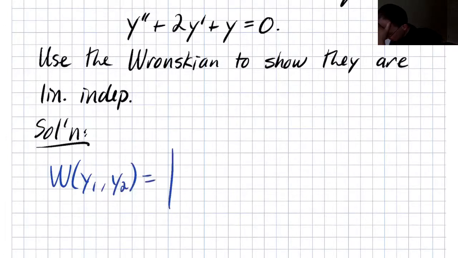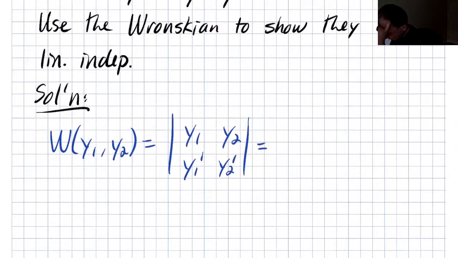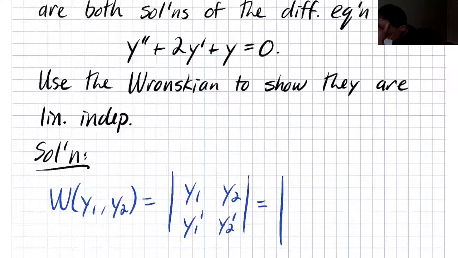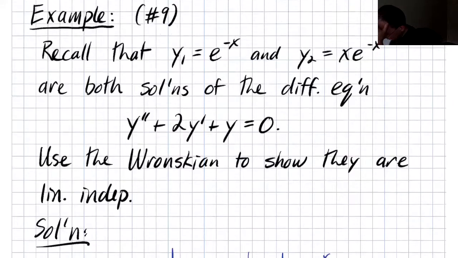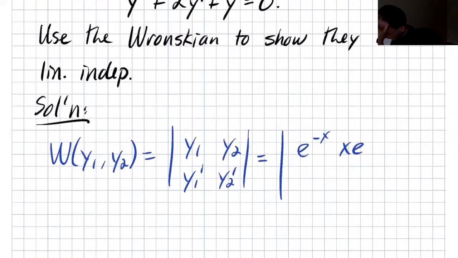It's going to be the determinant with y1, y2 in the first row and y1 prime, y2 prime in the second. So y1 is e to the negative x, and y2 is x e to the negative x.